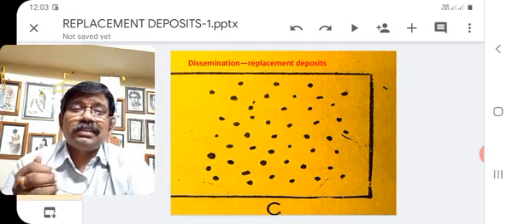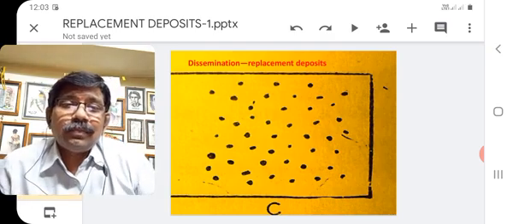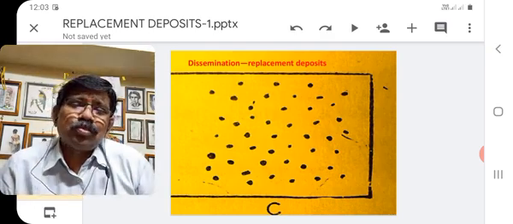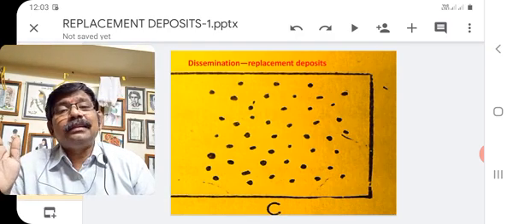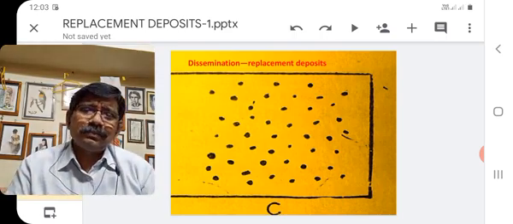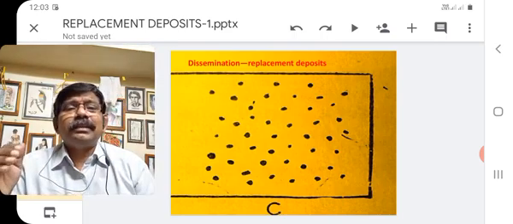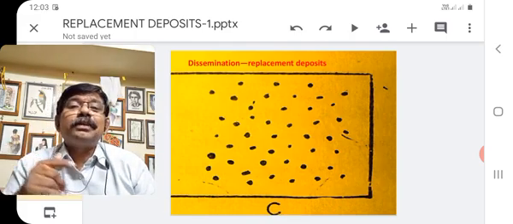Really, how dangerous they are. We don't know about permeabilities. So many people roam daily in the fields, and even then they are attacked by snakes. Why? The reason is permeability only.